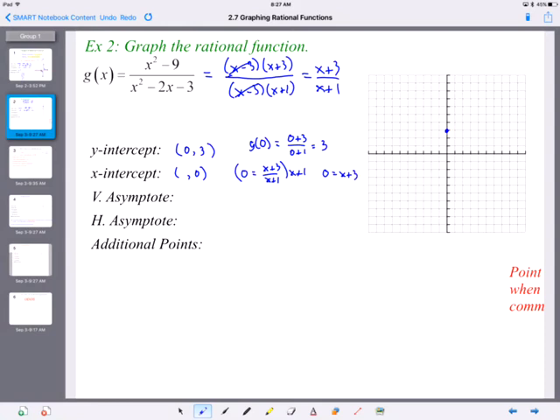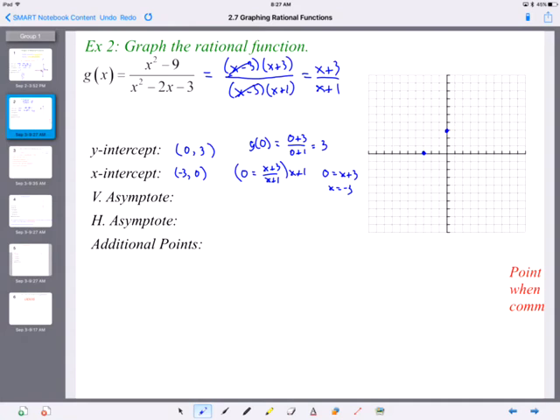And then if we solve that, it looks like we will get x equals negative 3 on that one. So we have an x-intercept at negative 3 comma 0. So we can plot that.